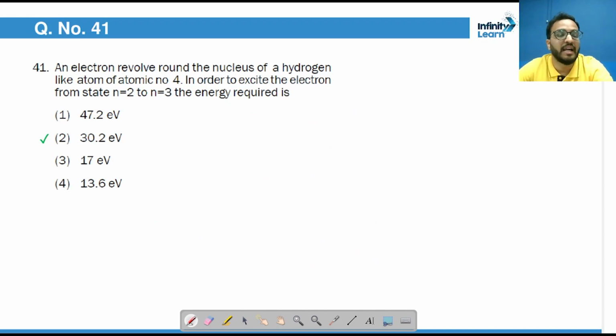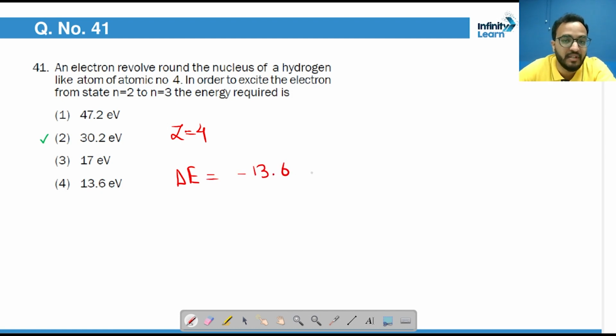41. An electron revolves around the nucleus of a hydrogen-like atom of atomic number 4. Z is 4. In order to excite the electron from this state, the energy required is, the formula is very simple. Delta E will be minus 13.6 into, this is the energy of the electron.